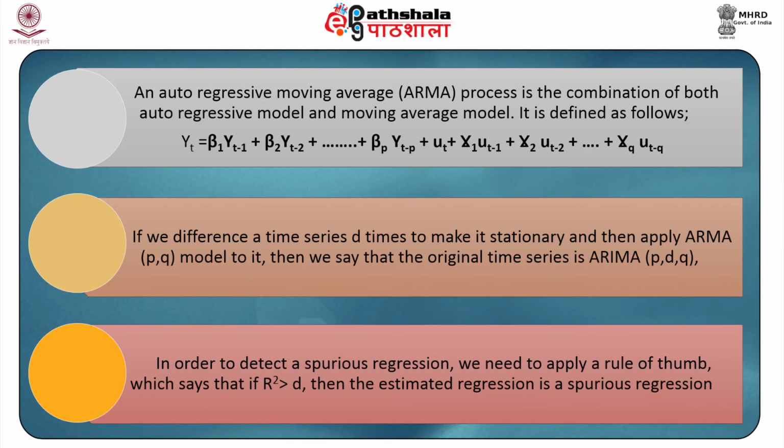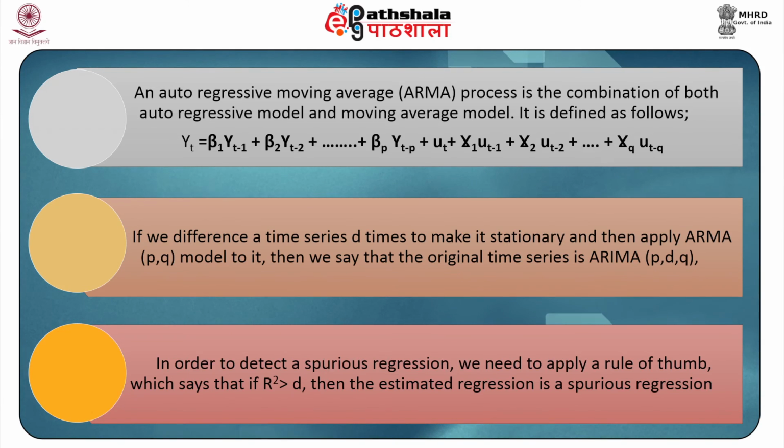Similarly, we can have an integration of order 2, because this was integration of order 1, if we have the second difference which is approximately equal to white noise and so on, and it can be expressed as delta square yt. We have some certain properties which we have learned of these integrated series. Let me quickly repeat some of these important properties.